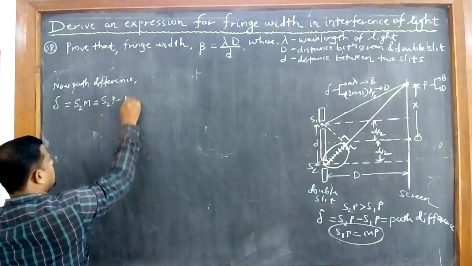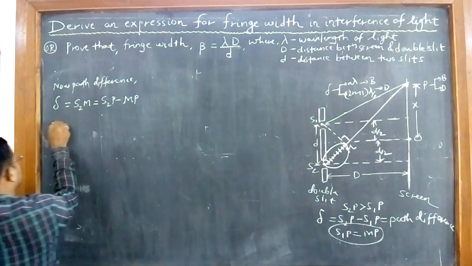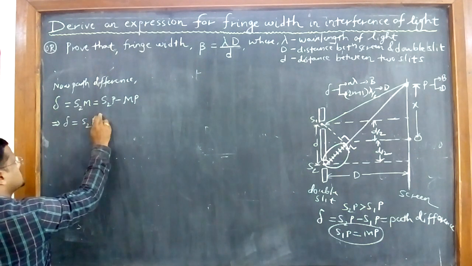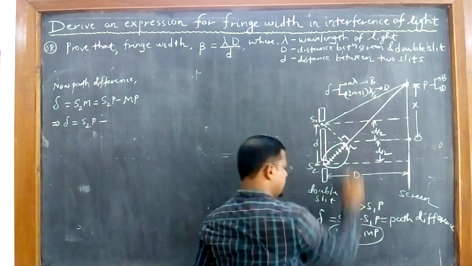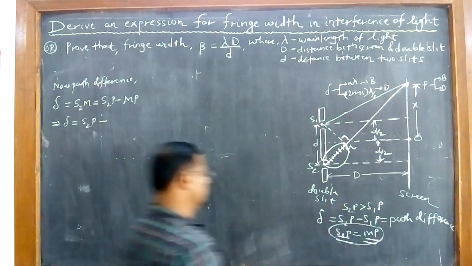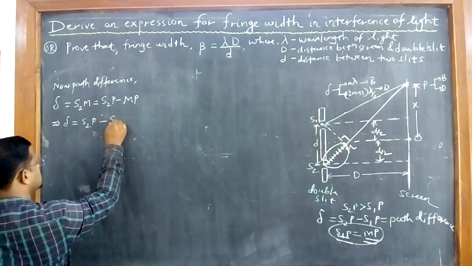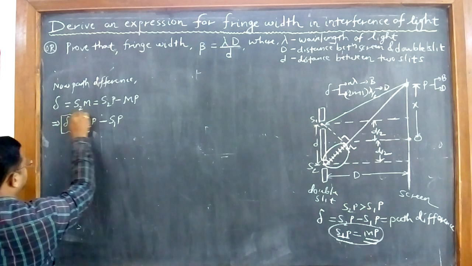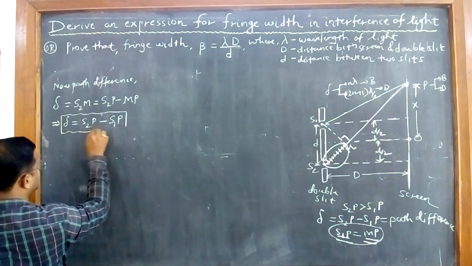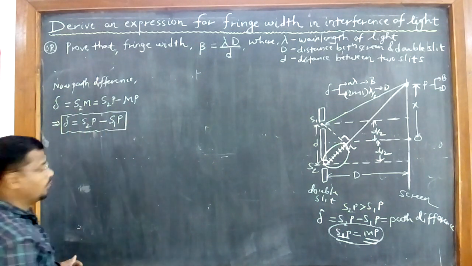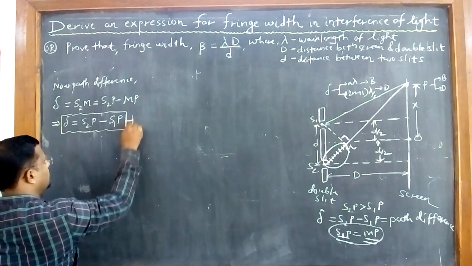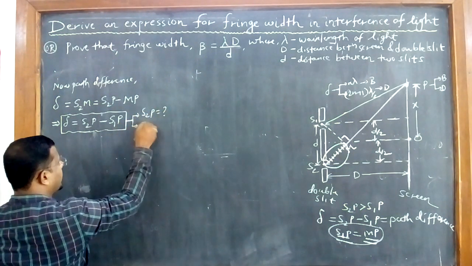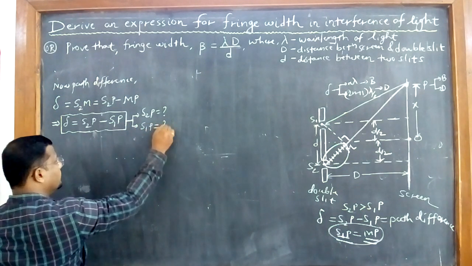So the path difference delta is equal to S2P minus MP, and we know MP is equal to S1P. So I am going to mark this as the path difference, and we have to calculate how much it is. To calculate it, I must calculate S2P and I must calculate S1P.